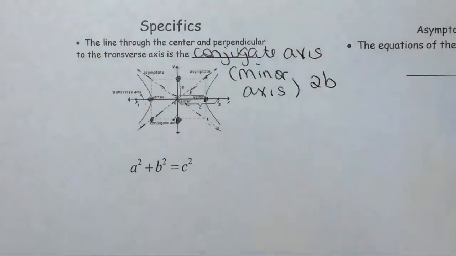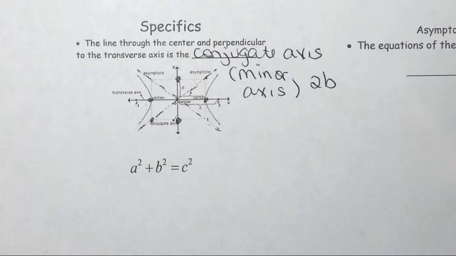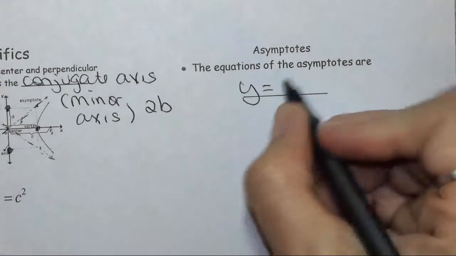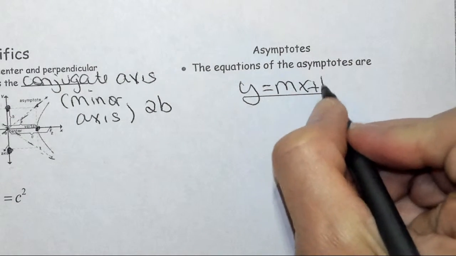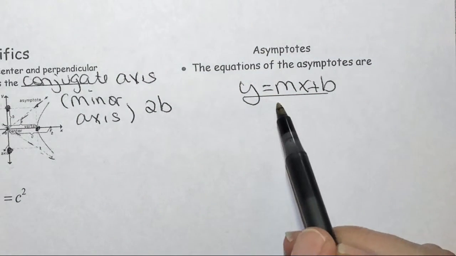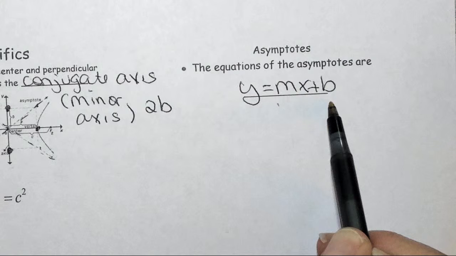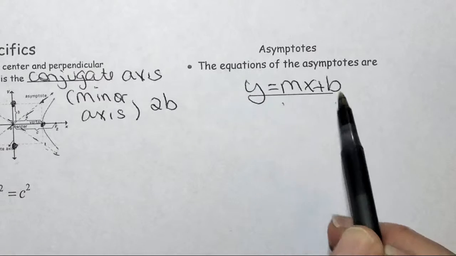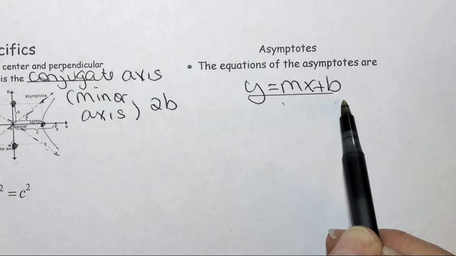Well, these asymptotes are just lines. And if I ask you an equation of a line, all lines need a slope and a y-intercept. So one way to write the equation of an asymptote is y equals mx plus b. If you know the slope and you know the y-intercept, you just plug them in. So remember, m is your slope, your rise over run, b is your y-intercept, you get it right off your picture.